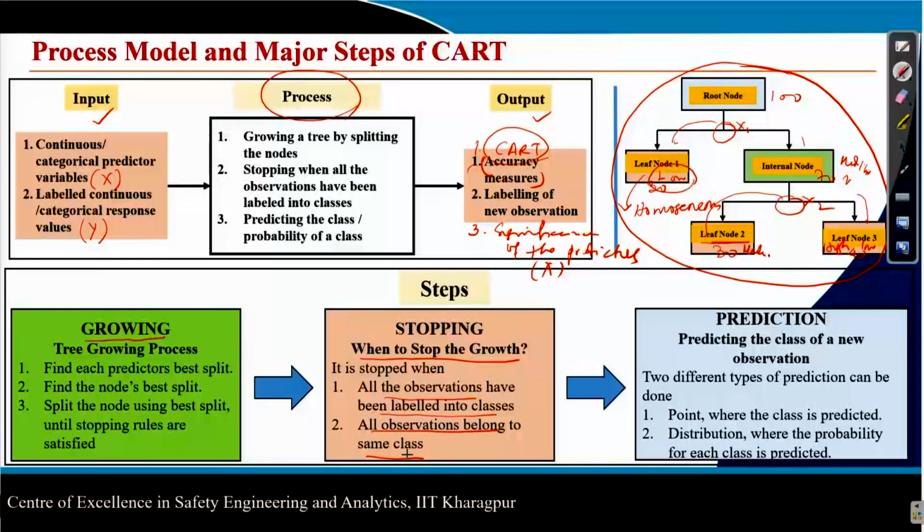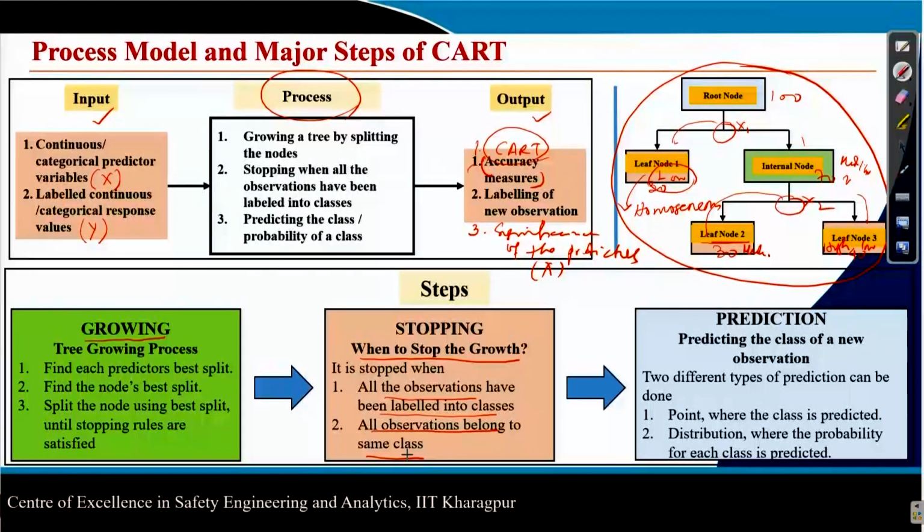Otherwise the similarity will not be 100%, but you know that certain low and certain high or certain medium, some kind of labeling is there. But at the same time, if you further split into two branches, maybe the homogeneity or similarity is not improved.